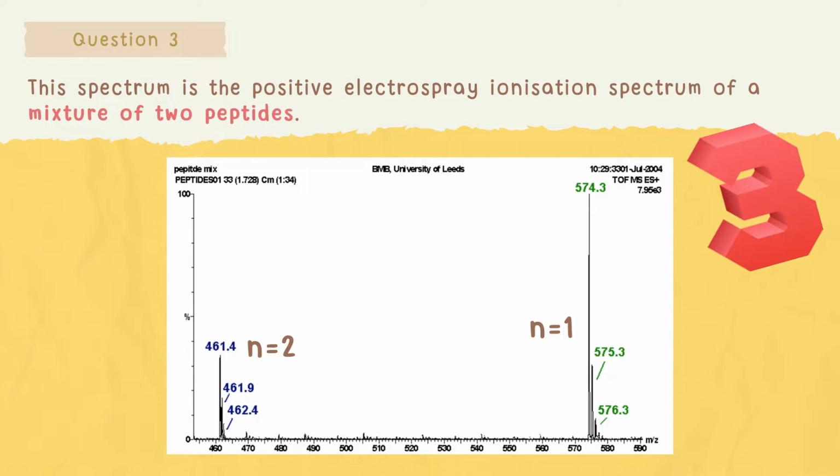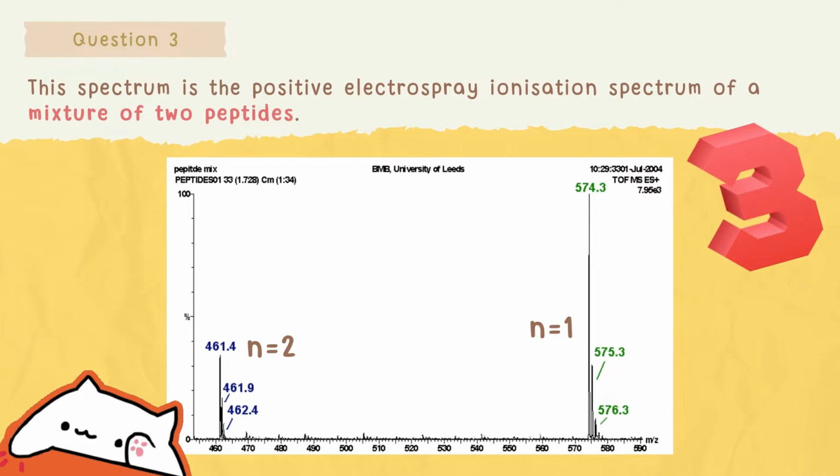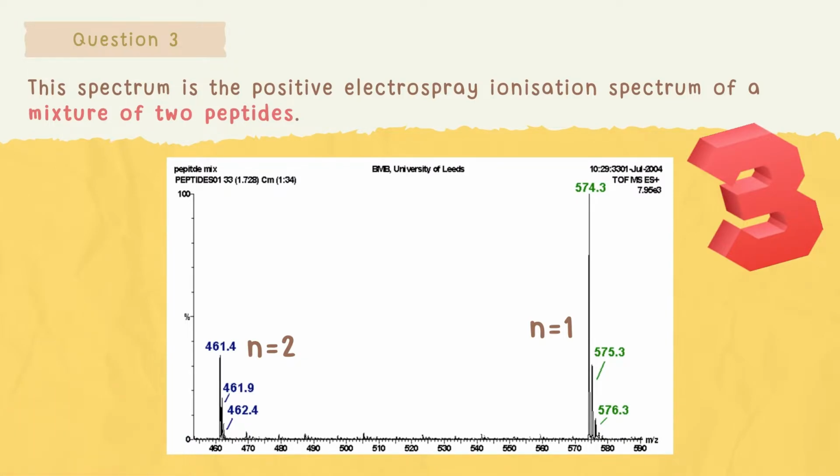It may be seen that the clusters at 574 to 576 are singly spaced isotopes, indicating that they are single-charged and have one proton. On the other hand, the cluster at 461 to 462 only have an isotope spacing of 0.5, which suggests that the ion is doubly charged, with two protons present.